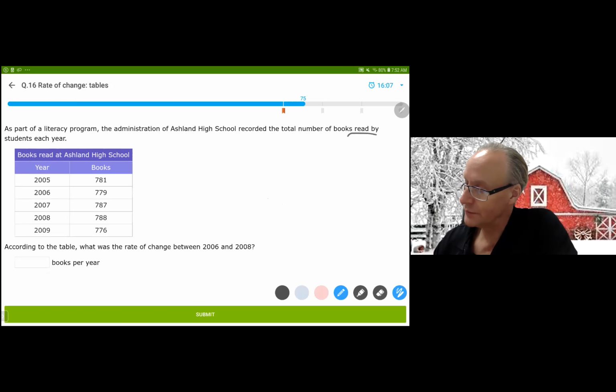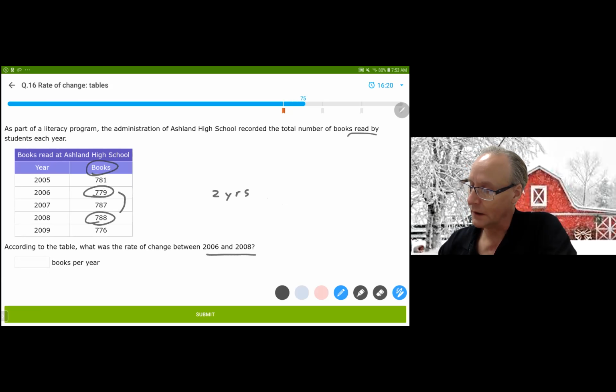All right, books read per year. So we're talking about books, and we want the rate from 2006 to 2008. That's going to be over 2 years. And let's take a look at the difference, 2006 to 2008. It went up 9, didn't it? From 779 to 788, that's up 9.